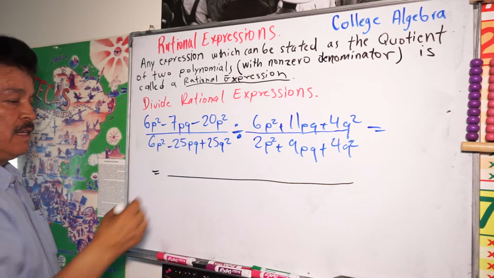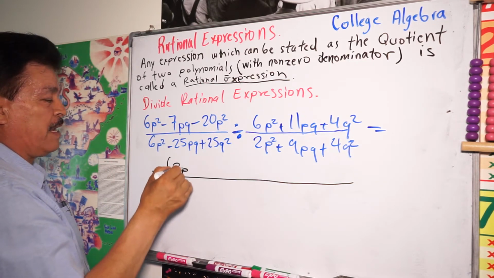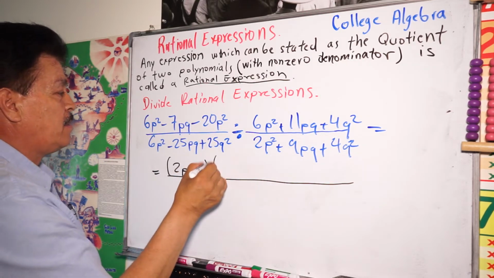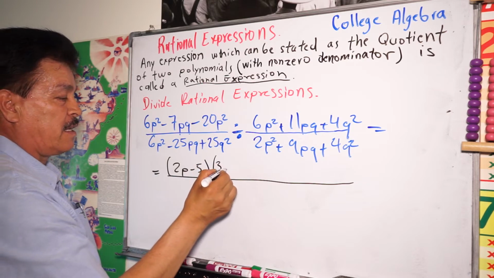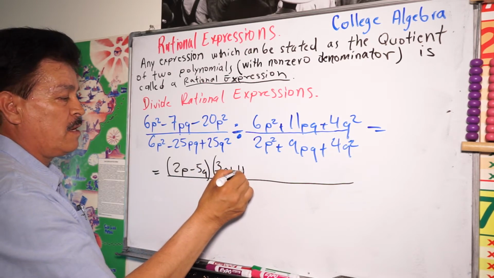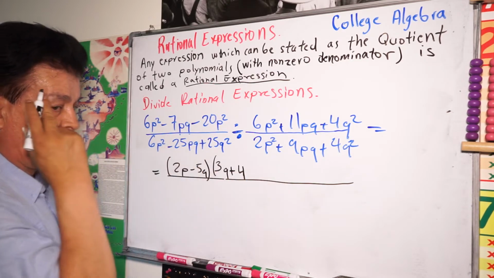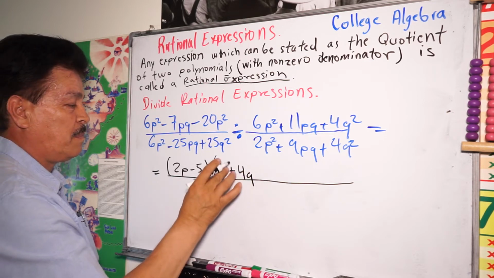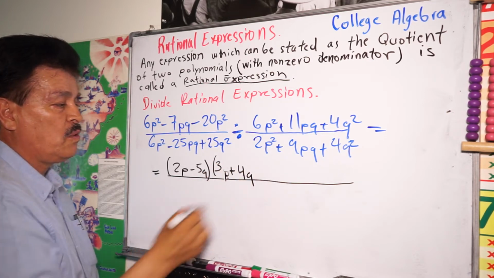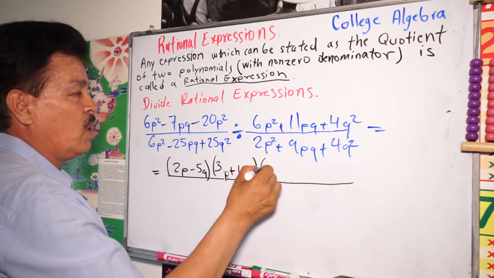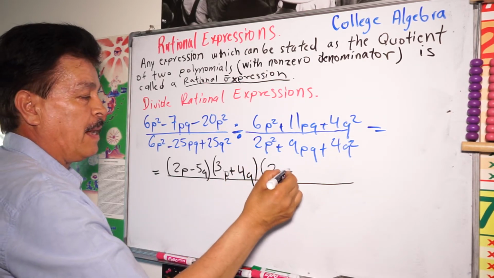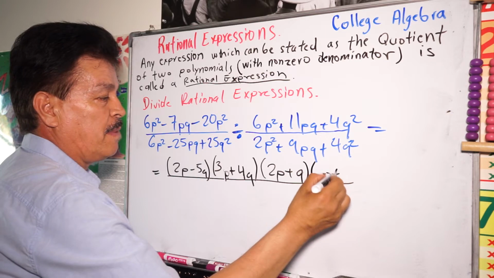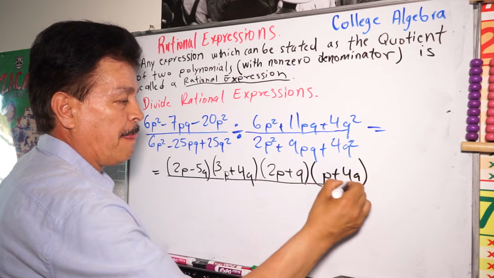If we do that, we are going to have 2p minus 5q times 3p plus 4q, this is p plus q times 2p plus q times p plus 4q.